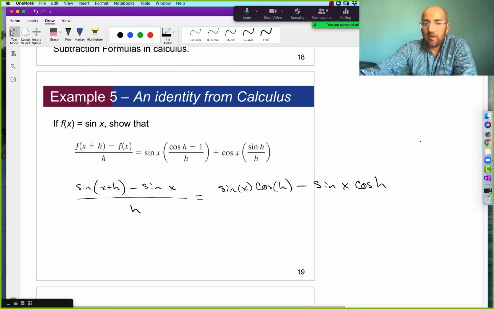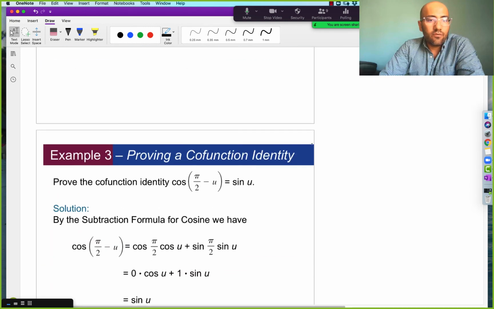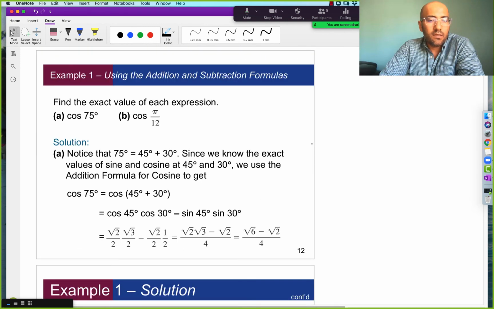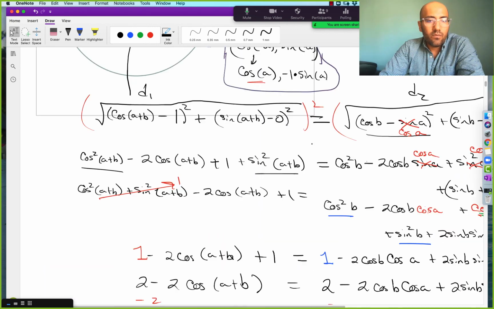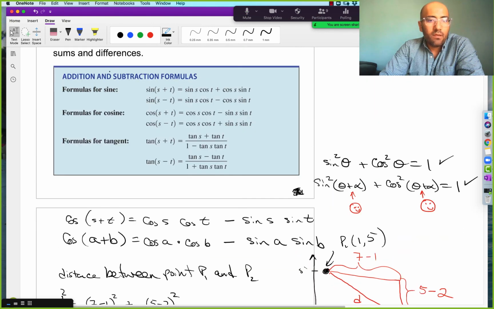I don't have these memorized actually, so let's double check. The addition formula for sine. I have the worst memory ever. That's why I pick math. Sine, okay, so when there's an addition, sine of x plus h, the addition is sine, cosine, cosine, sine.